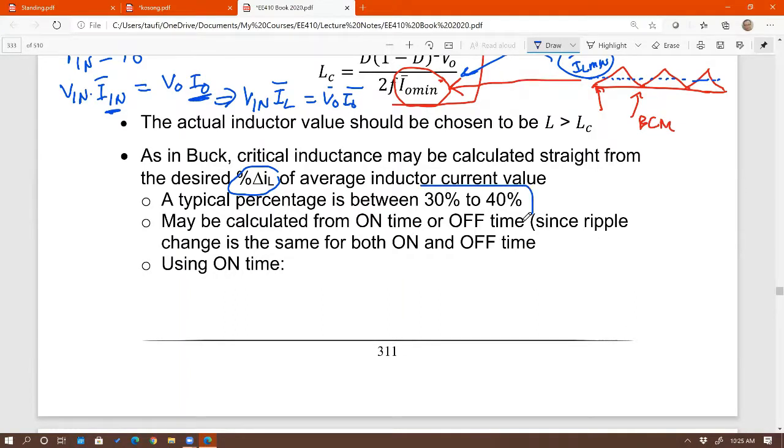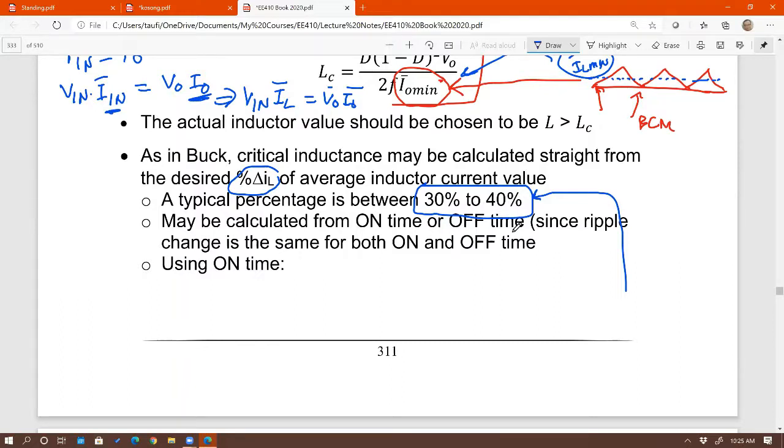Now, this is kind of random, of course, but this is based on practical experience in terms of the balance between the size of inductance, cost, and stability as well. That's an aspect that we're not going to cover in this class. That's in 527.